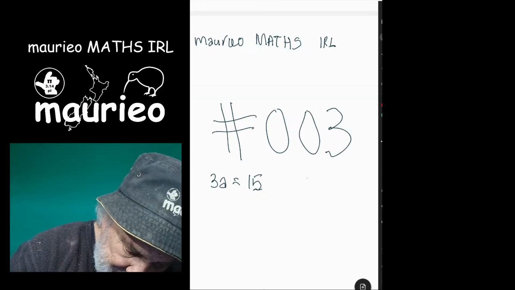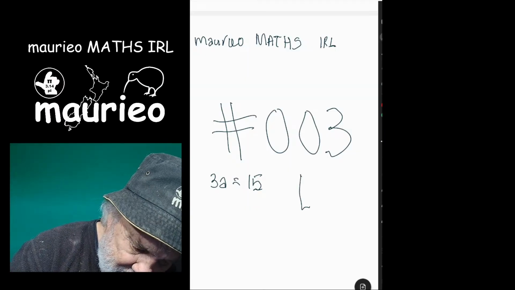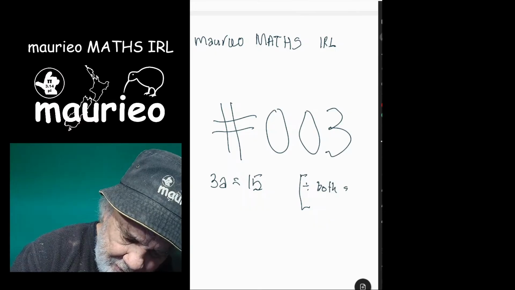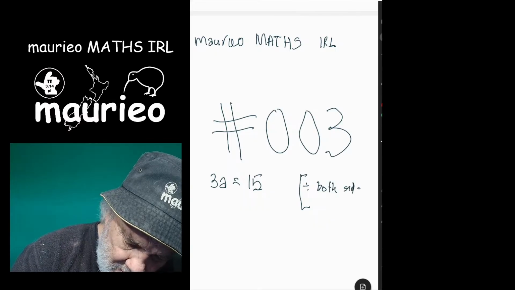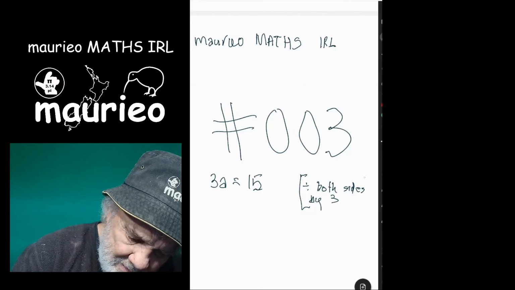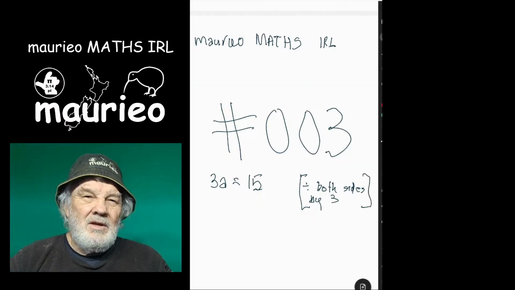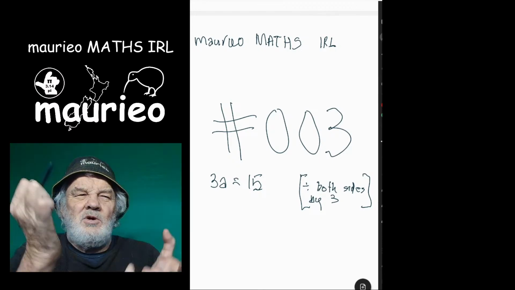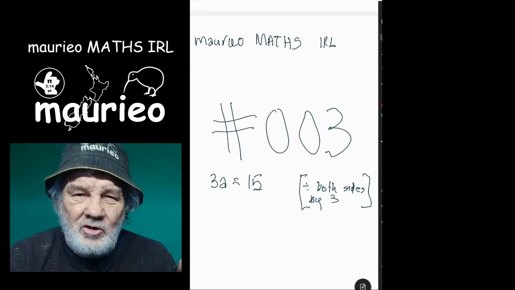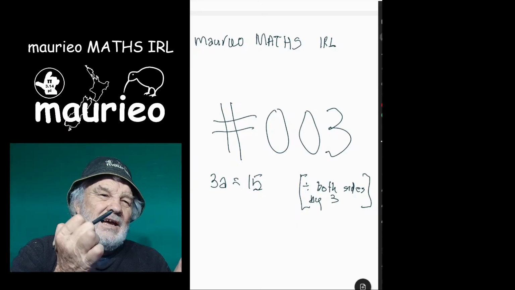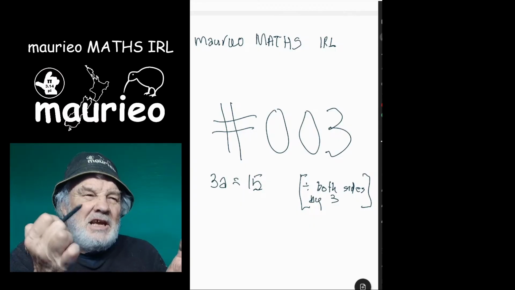Divide both sides by 3, because we know that it's an equation, an equality situation. So we've got to keep it equal.